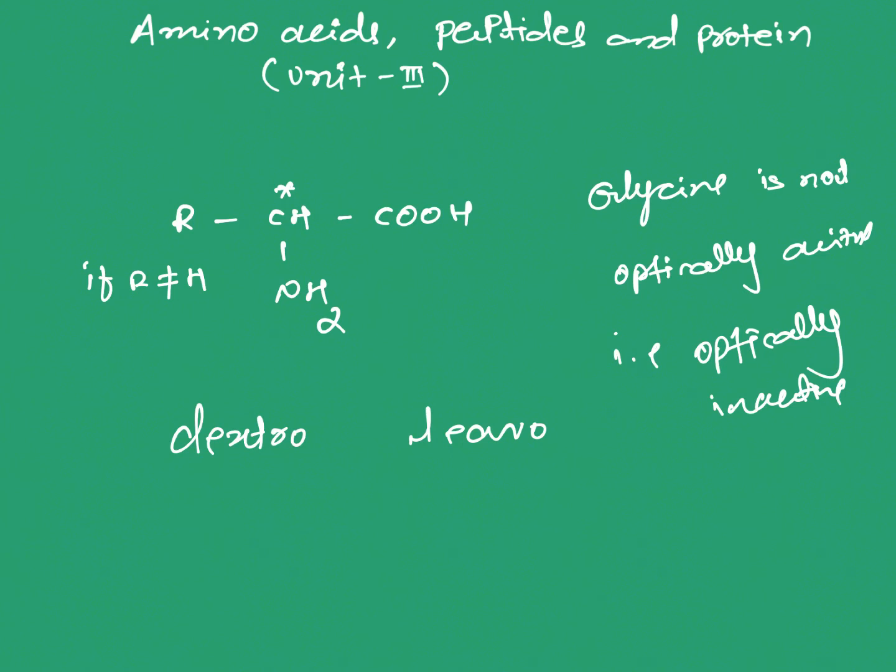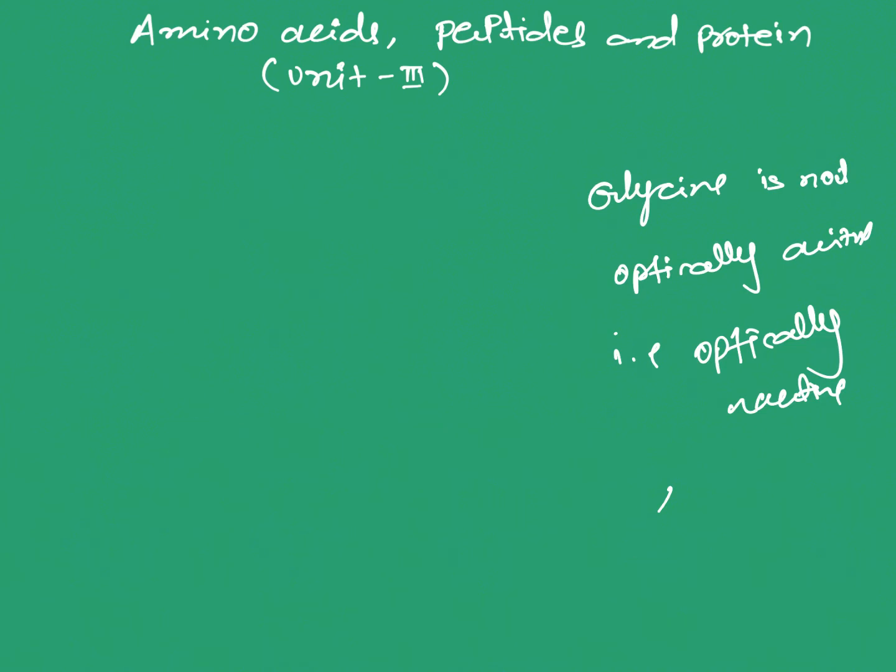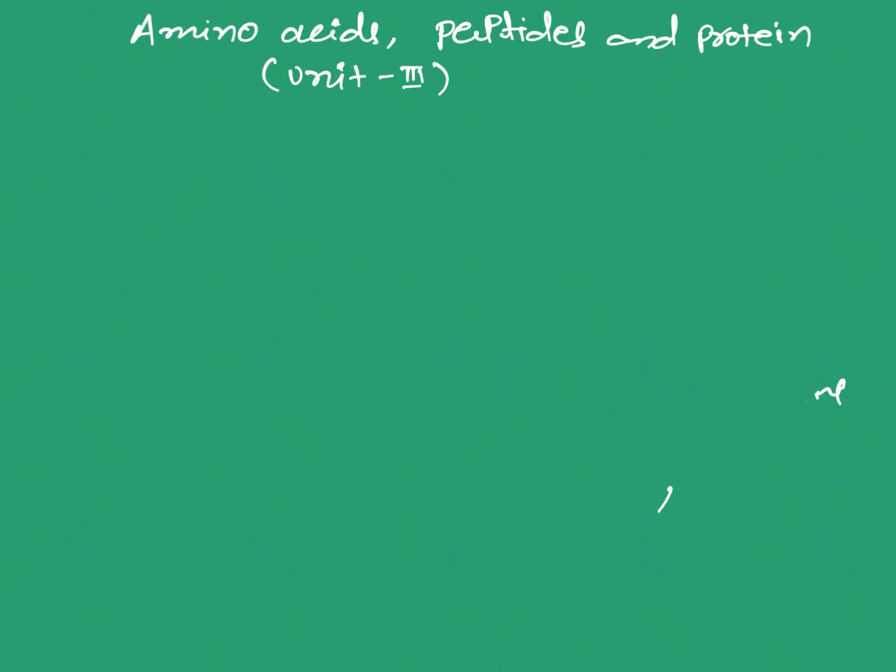But interestingly, when we look at the stereochemistry, most of the natural amino acids are L configuration, capital L, not a capital D. Let's take an example. The best example I am taking is alanine.